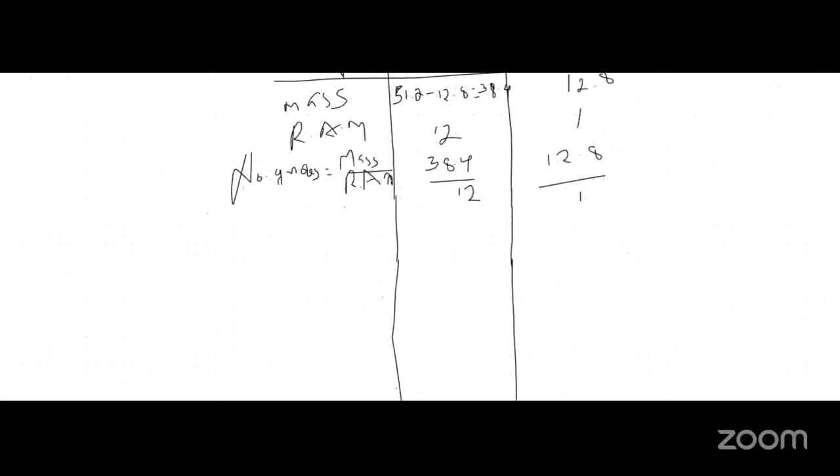So we have that now. What is 38.4 divided by 12?